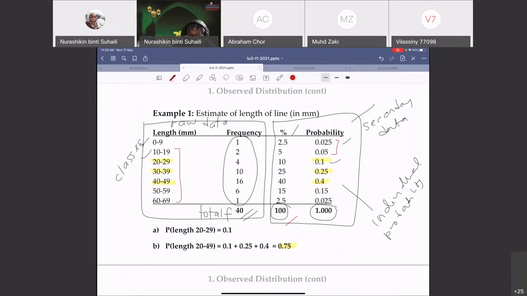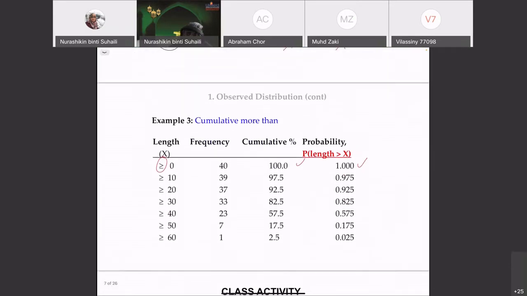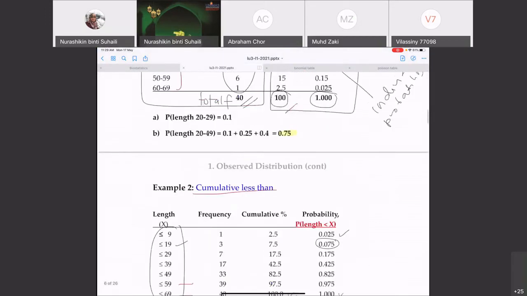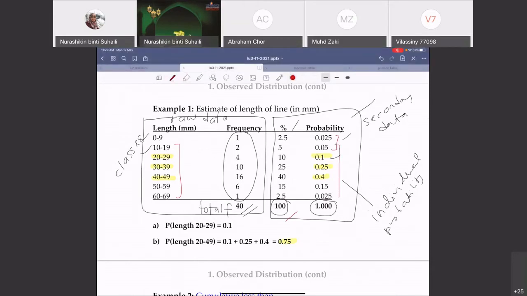So it covers everything, and this is the value, 0.975. Going back to the original distribution, it means that you add up all of these, from 0.05 until 0.025. It gives you 0.975.